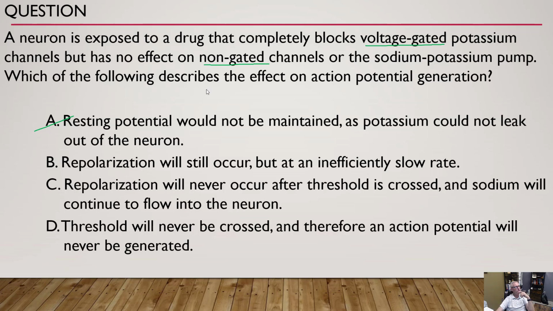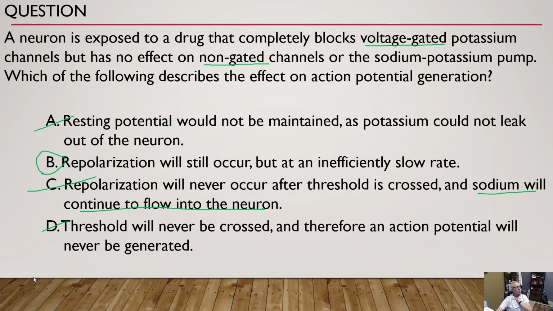Our voltage-gated sodium channels still work and would be closed, so sodium would not continue to flow into the neuron. That one is out. Threshold will never be crossed. Well, no, because we've already reached threshold. Remember, potassium is repolarization. So B is going to be our answer: repolarization will still occur, but at an ineffectively slow rate.